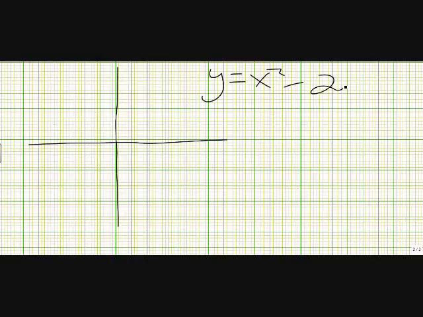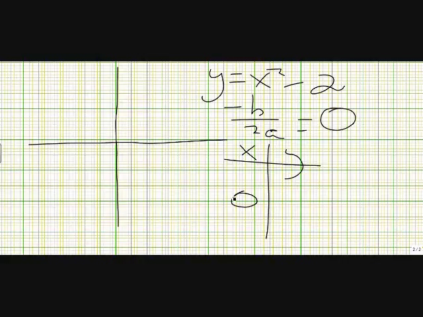So my vertex at negative b over 2a is, what's b for this one? 0. So my vertex is going to happen at 0 comma something. So in my little XY chart, I'd like 0 there. I'd like a number less than 0 and a number greater than 0.